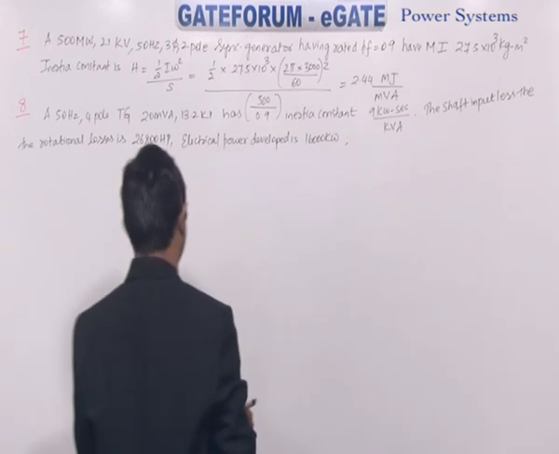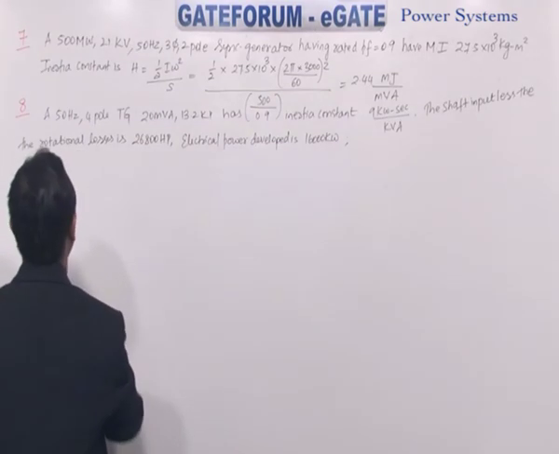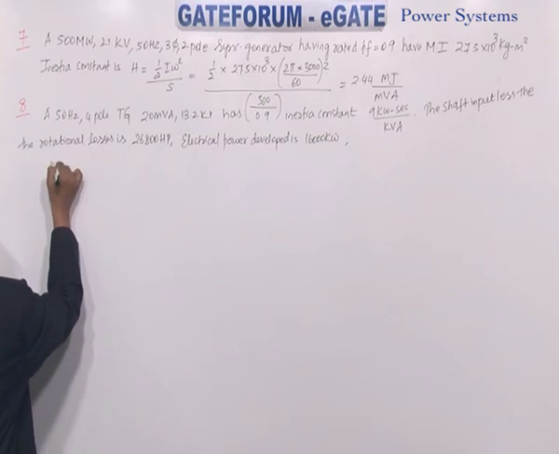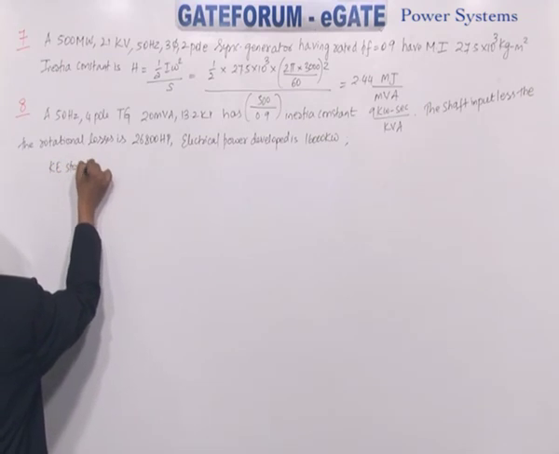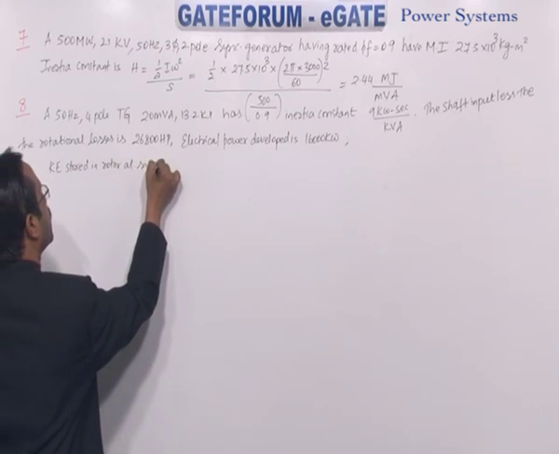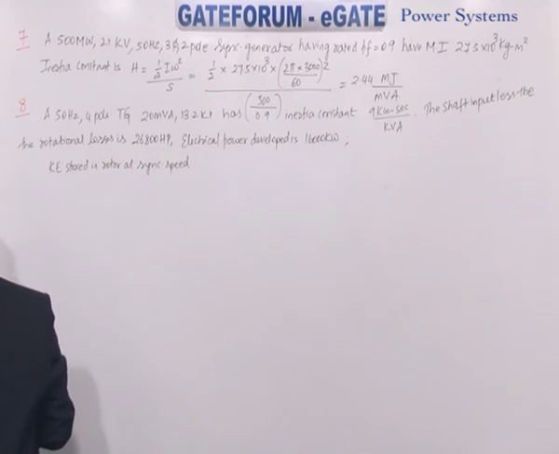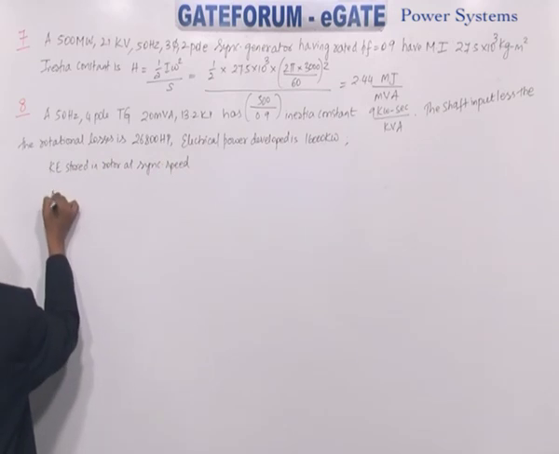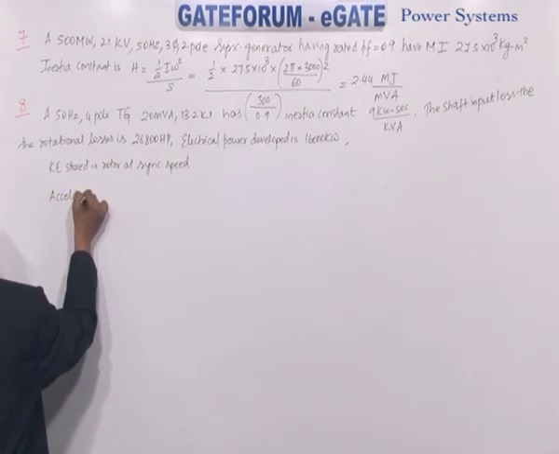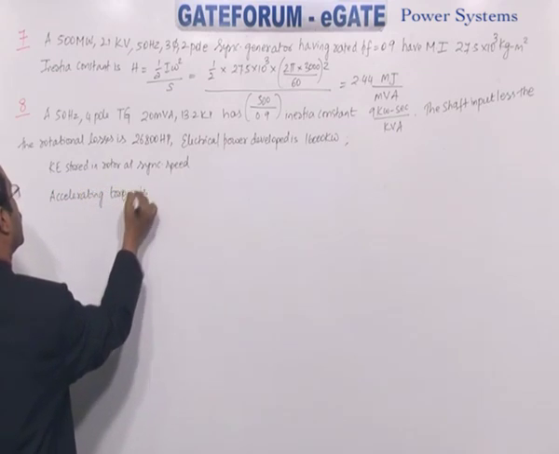So we have to calculate the first part of the question: the kinetic energy stored in the rotor at the synchronous speed. The second part of the question is the accelerating torque.